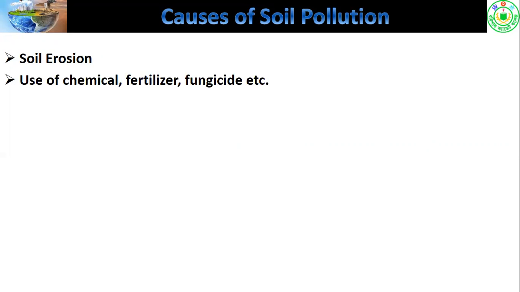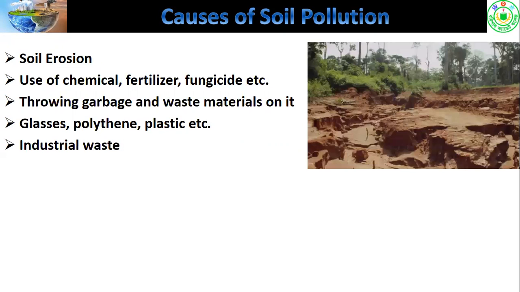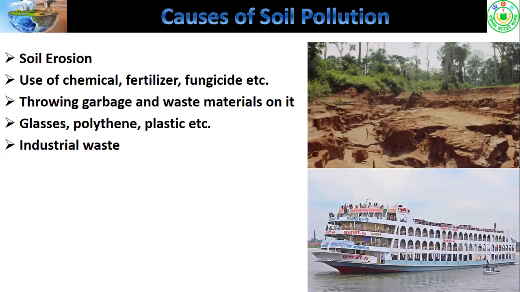Then use of chemical fertilizer or fungicide in the land is also causing soil pollution. Then throwing garbage and waste materials on soil also harms the soil quality. Then glasses, polythene, plastic, etc. Industrial waste. The erosion of soil.